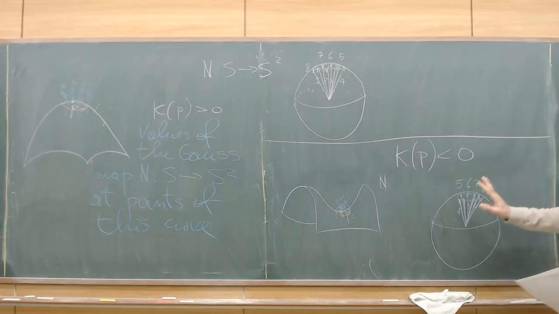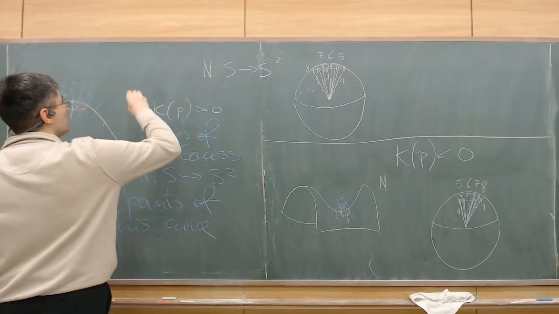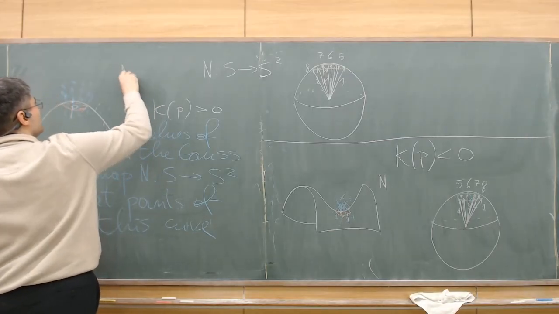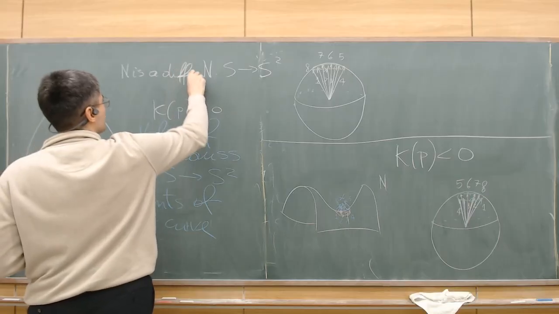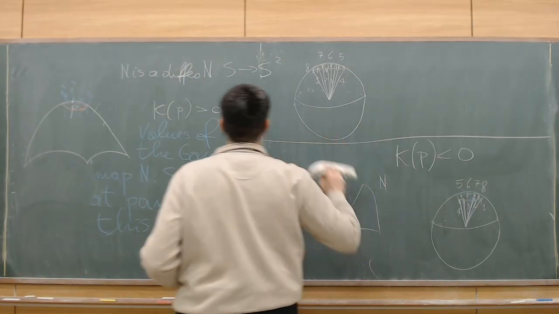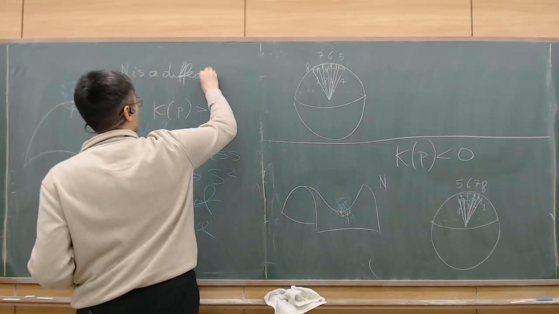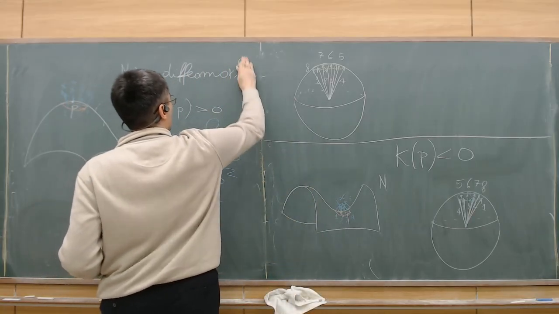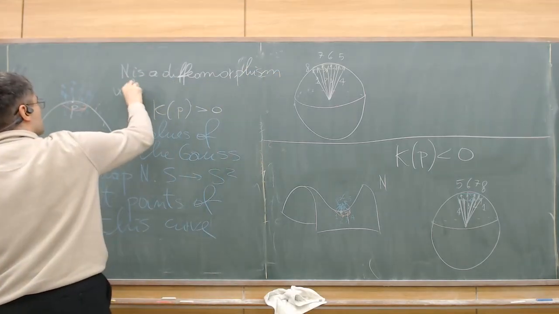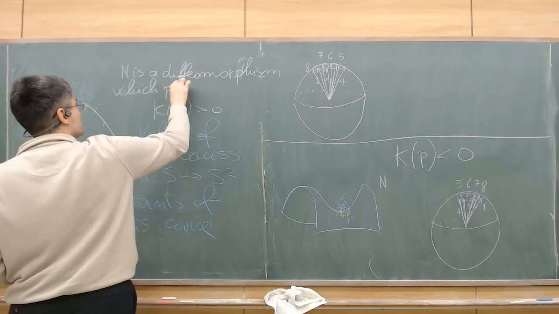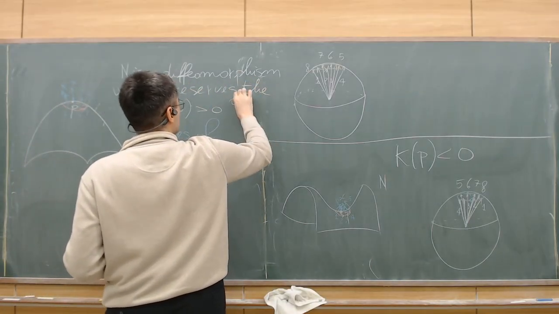So this is the graphic illustration of the fact that if Kp is positive, then we have that N is a diffeomorphism which preserves the orientation.